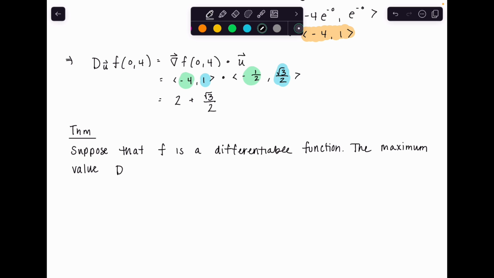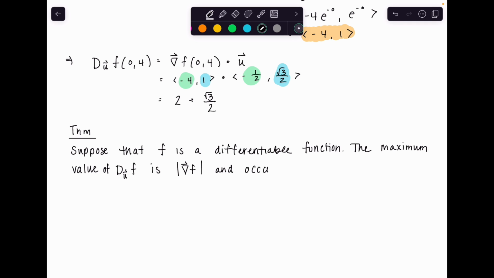of the directional derivative of this function is going to be the magnitude of the gradient vector. Okay. So no matter what, that is the absolute max rate of change, the magnitude of the gradient. And the direction it will occur in is going to be the exact same direction as the gradient vector.